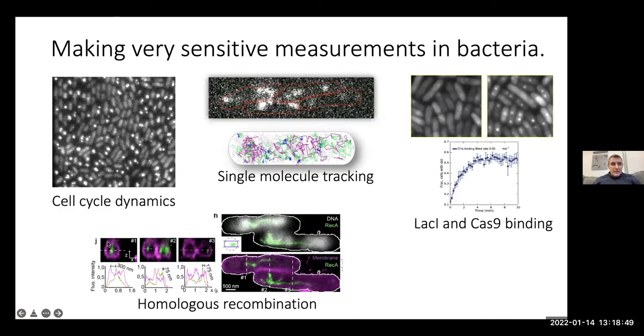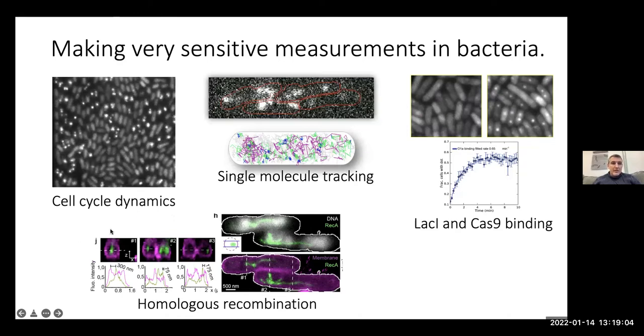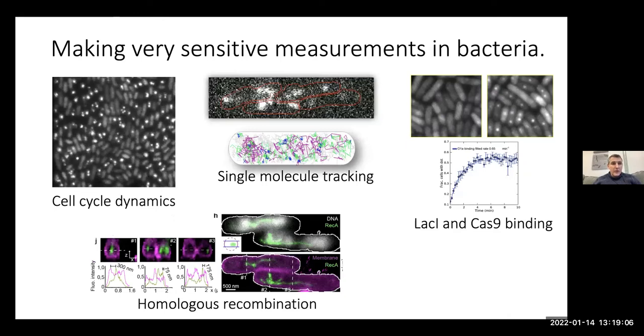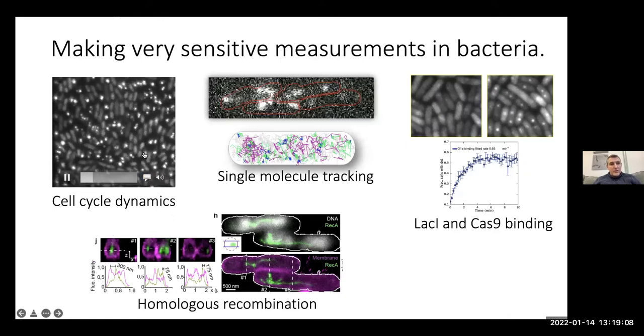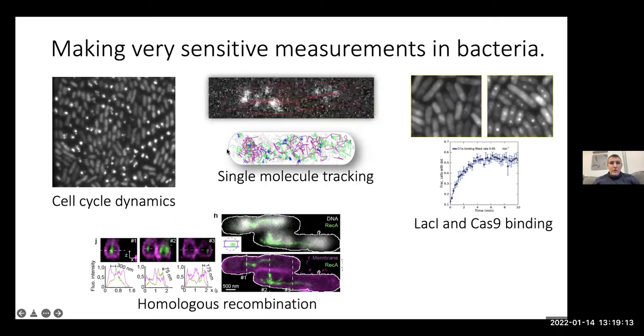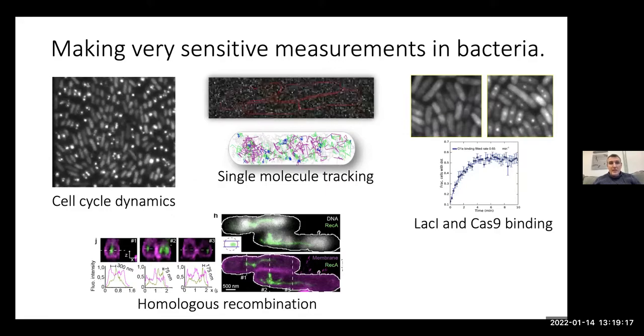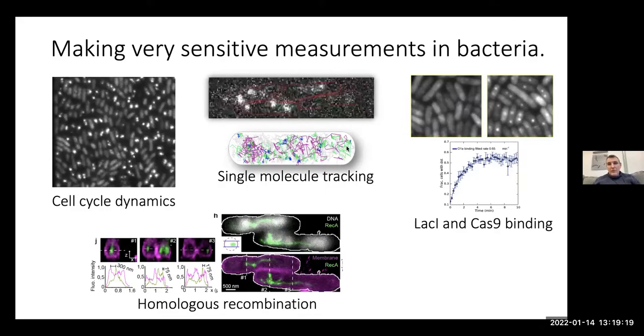My lab is normally not working in this kind of applied methods or diagnostics, but we have been developing very accurate and sensitive methods to study processes inside cells. So looking at bacterial cells and measuring things inside with fluorescence microscopy, in this case looking at replication forks inside E. coli, or tracking individual fluorescently labeled proteins as they move around inside the cells and getting trajectories of how they move.